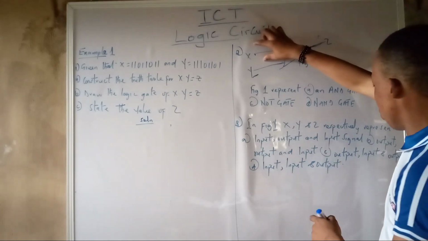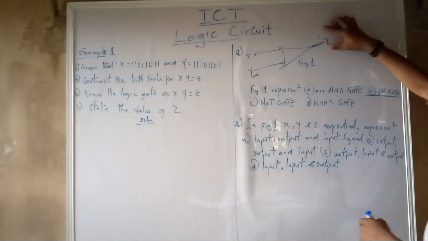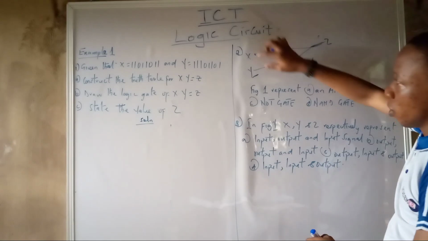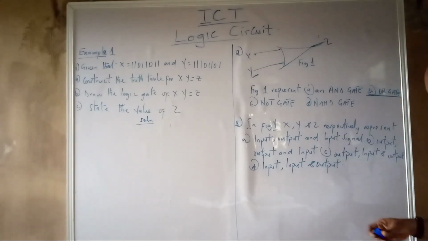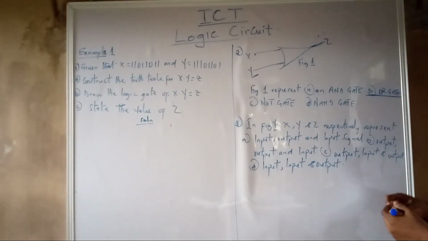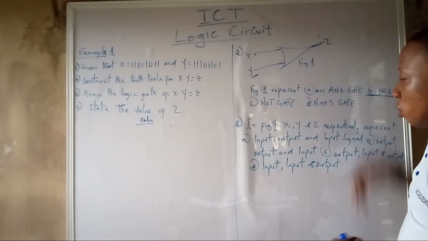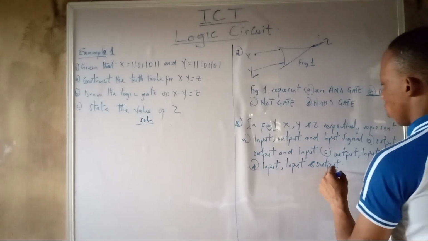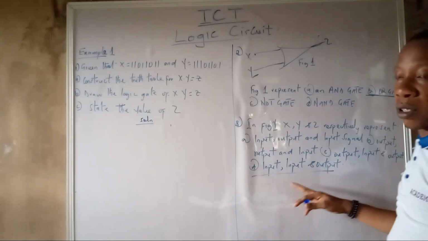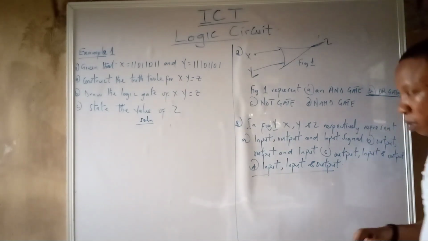C, output, input, and output? D, input, output? If you can remember when we were talking about the OR gate, I said it has two inputs and only one output. So the answer is D, input and output.